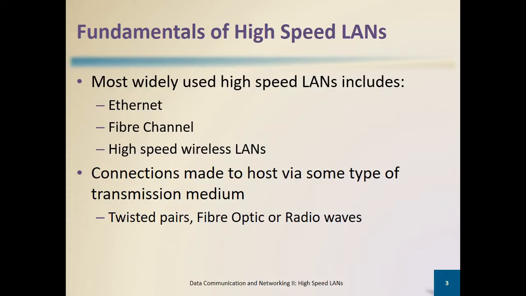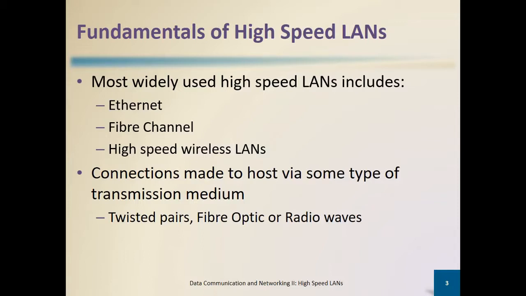We'll go back to fiber channels and high-speed LANs, but Ethernet is the most focused one on the high-speed LANs. Connections are made to hosts via some type of transmission medium, which could be twisted pair. So we're looking at the medium that's used to carry some of these high-speed LAN standards.